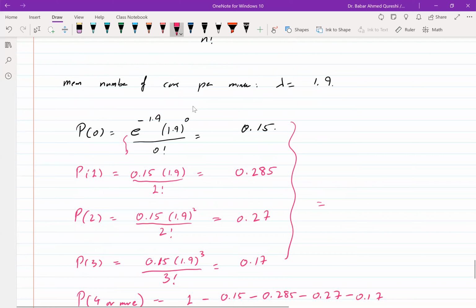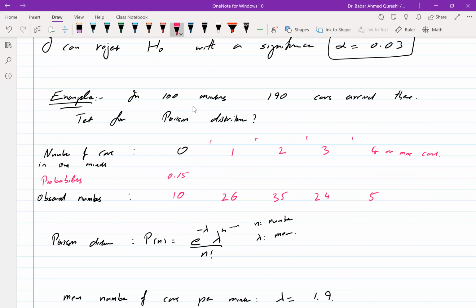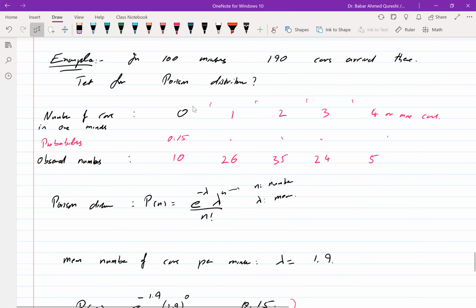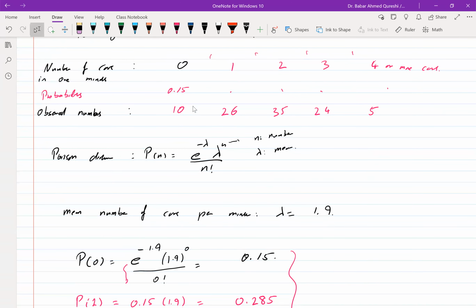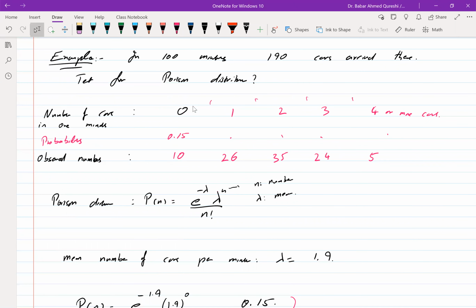So I've got all these probabilities. I can put them in this table over here, and then by multiplying with the number of cars, I can get this. Maybe I should make a new table. Or should I erase this? Let me erase this for now.